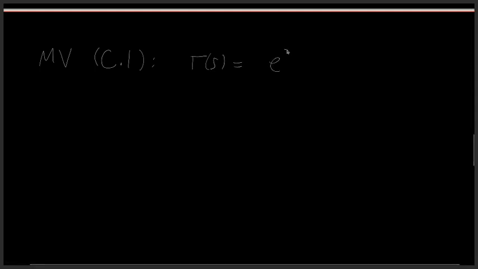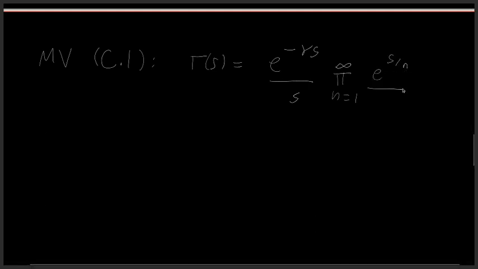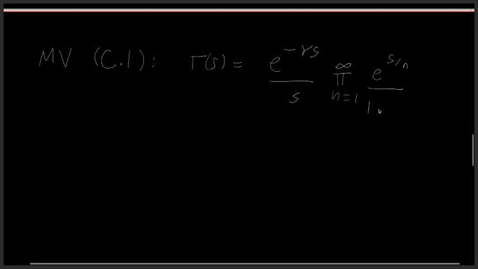Gamma is e to the minus, and now I'm going to write lowercase gamma to denote the Euler-Mascheroni constant, and then it's a product n from 1 to infinity of e to the s over n over 1 plus s over n.